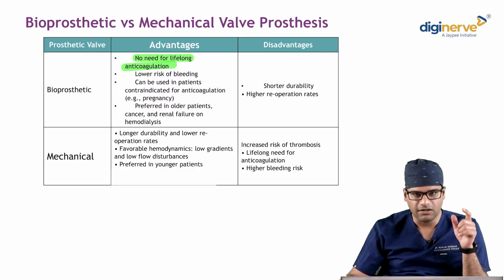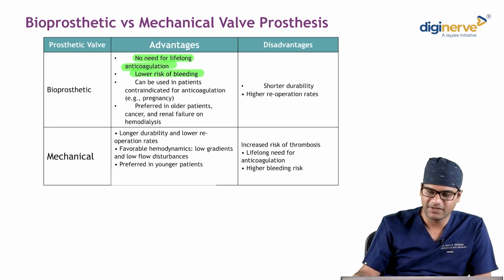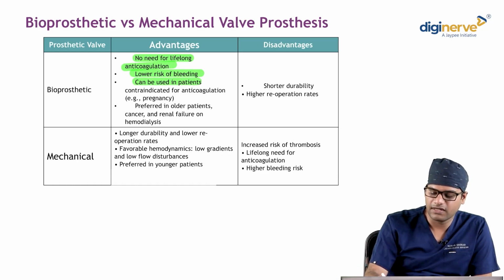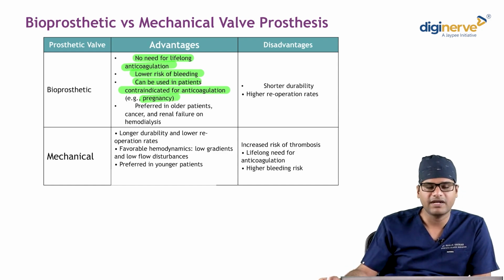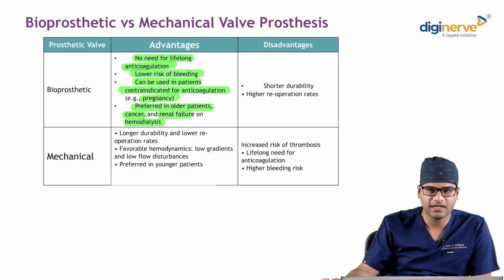After that, the patient need not take any anticoagulation. There is low risk of bleeding for the same reason. Used in patients with contraindication for anticoagulation, in situations like pregnancy, where vitamin K antagonist is harmful and teratogenic for the patient.